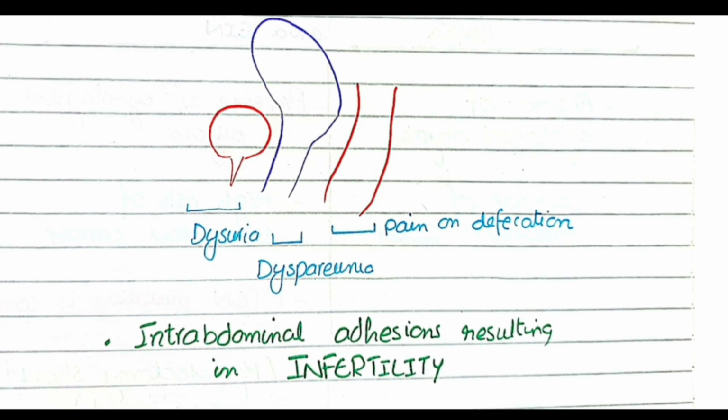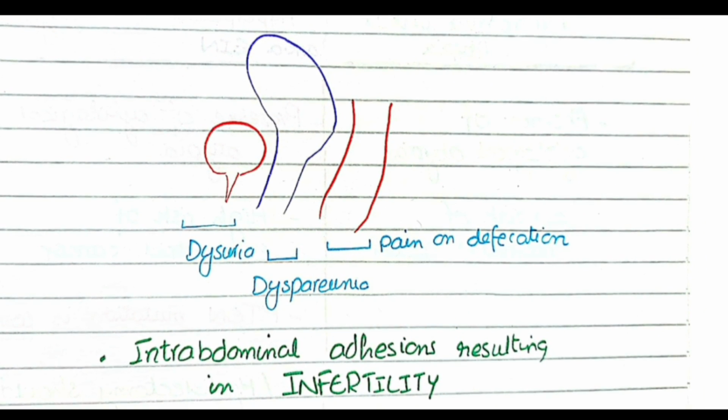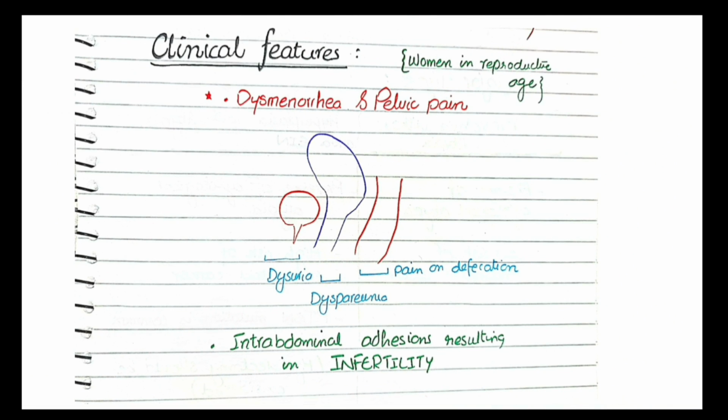The second important feature is intra-abdominal adhesions resulting in infertility. As I already said, whenever bleeding happens in the abdomen and pelvis, the bleeding is ultimately organized by the development of fibrotic tissue. And when there is a lot of fibrotic tissue in the abdomen and pelvis, this hard fibrous tissue will compress the fallopian tubes. So the whole architecture of the female anatomy will be disturbed.